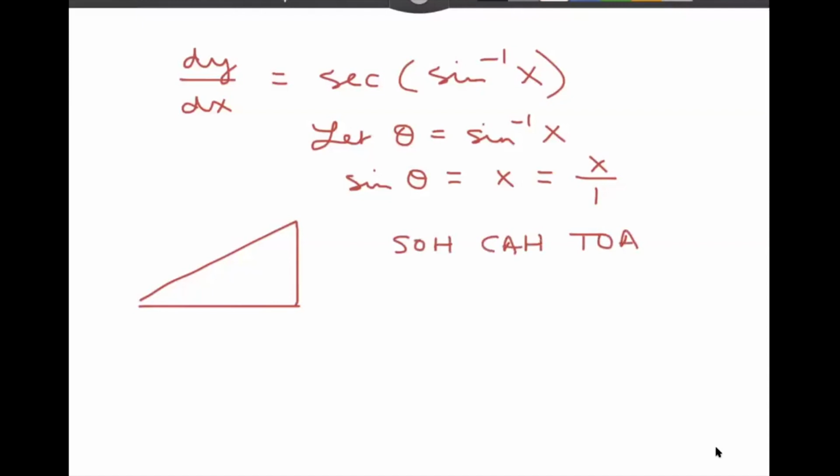That tells me that if the sine of theta is equal to x over 1, let's label this angle theta, then the opposite side to angle theta is x, and the adjacent side, wait a minute, nope, I messed that up.